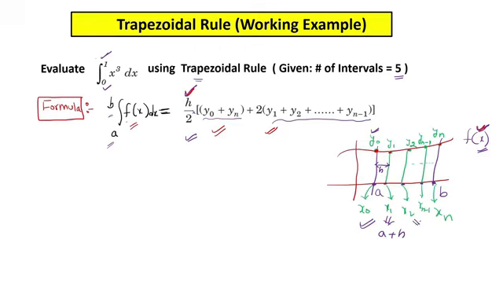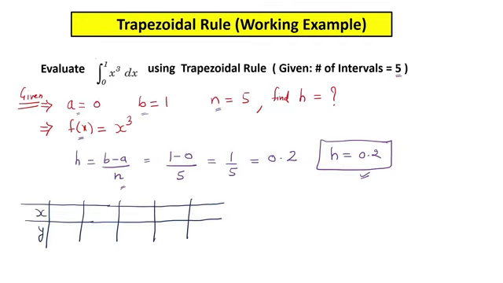Likewise, x2 can be written as a plus h plus h, which is a plus 2h. Likewise, the last value xn can be written as a plus n into h. This way we will find the values of the various x, and then we can easily find the values of y0 to yn.